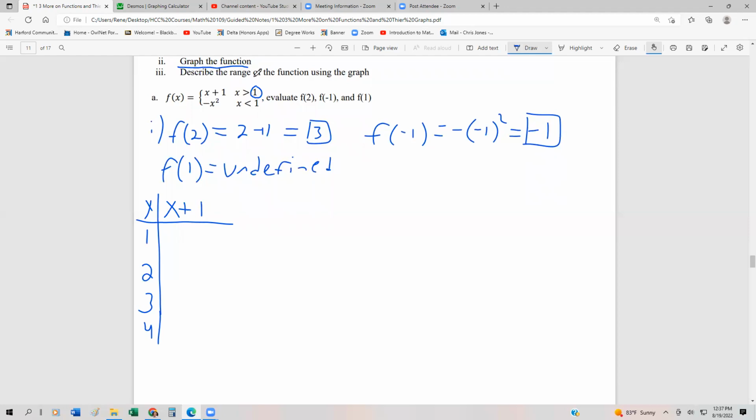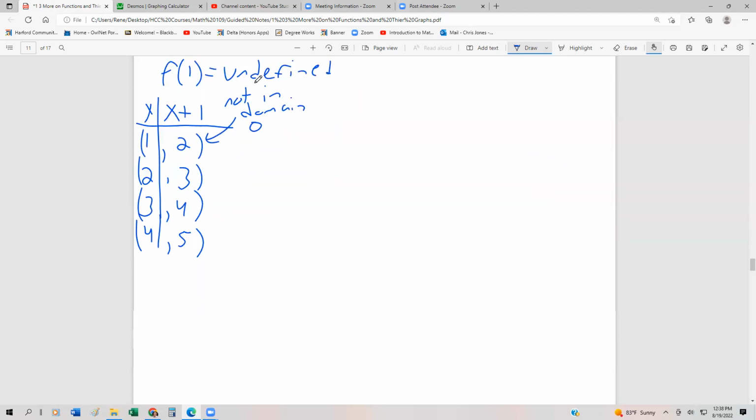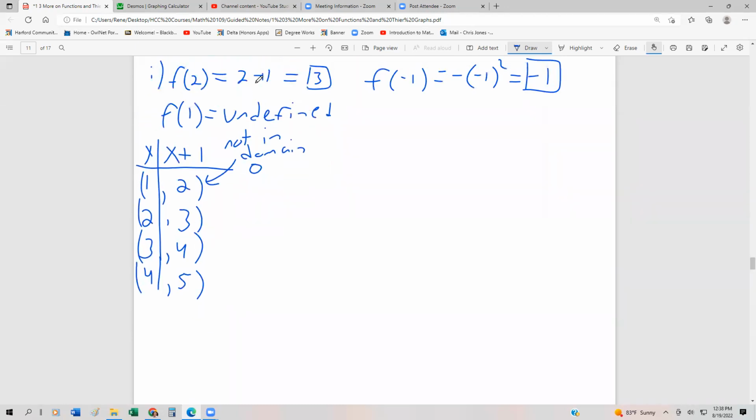If we add 1 each time, that's going to be 2, 3, 4, and 5. These are ordered pairs, so don't forget the whole purpose of the table is to create an ordered pair. But remember, this is not in the domain, so we're going to put an open circle at that point once we construct the graph.